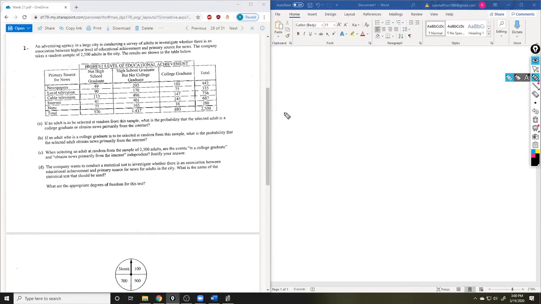This is the probability of, if an adult is a college graduate, so given college, what is the probability of internet? Okay, probability of internet given college.